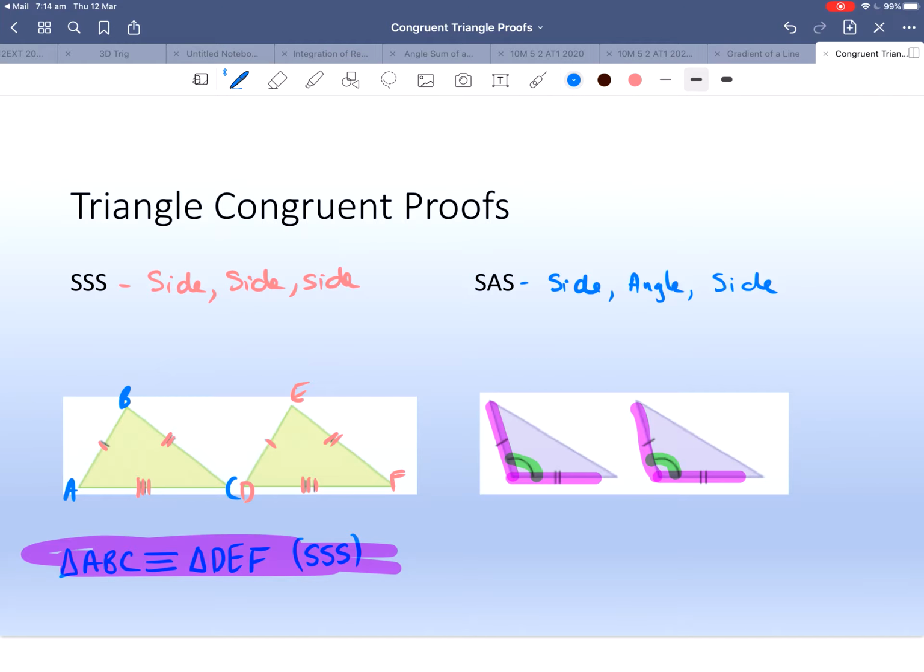If I label these again, A, B, C, D, E, F, then I can say that triangle ABC is congruent, remember that higher order of equals, to triangle DEF, and my reasoning would be side, angle, side. Remember, the angle is the included angle of the 2 given sides. So that's the second proof.